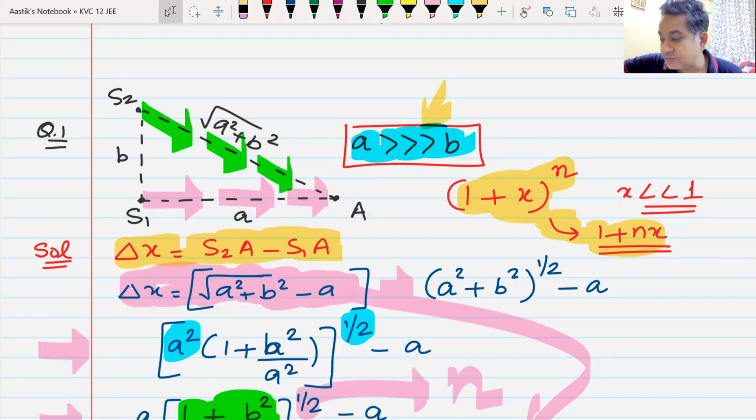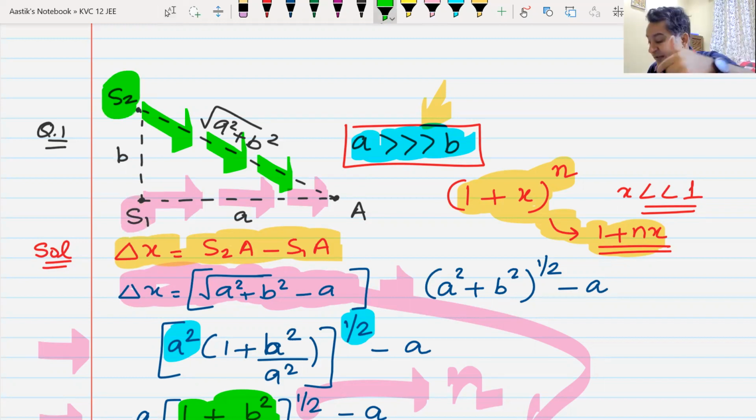Now, we have done a question like this. Do we remember this question? Yes or no? Yes, sir. Here also we had done a similar thing, and that is why I did this question. We had two waves, the pink wave coming from S1 and the green wave coming from S2, and they were interfering at the point A. We had found out the path difference between the two.